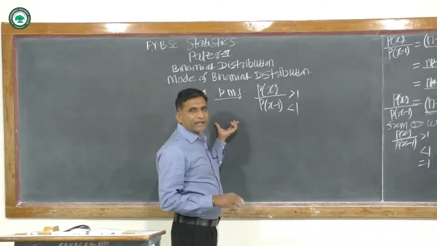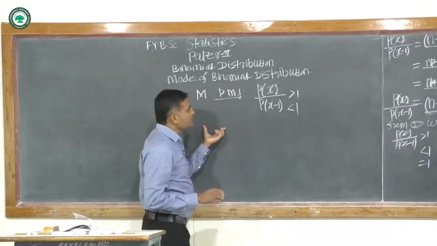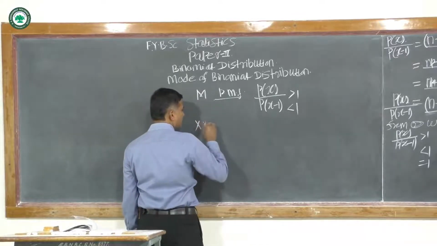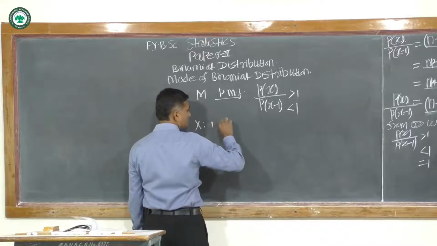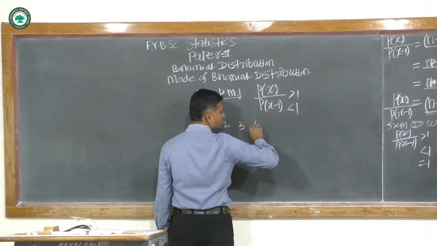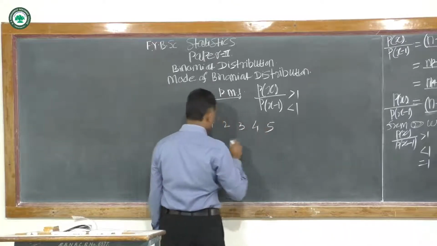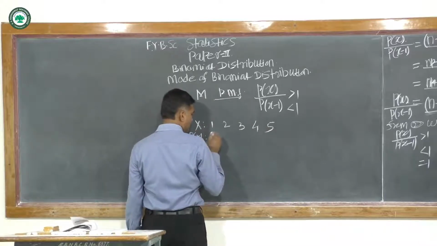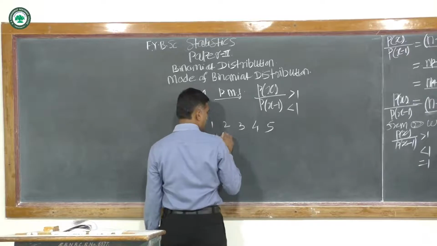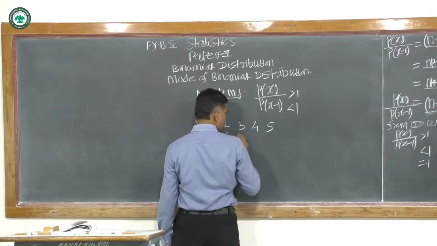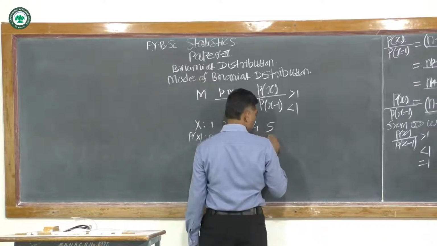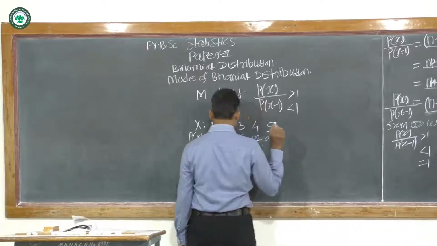If we are given the probability distribution of random variable x, suppose x takes values 1, 2, 3, 4, 5 with corresponding probabilities 0.1, 0.2, 0.3, 0.2, 0.2.